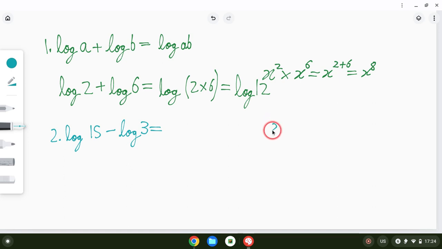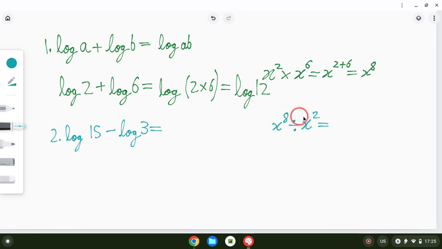So let's have x to the power 8 divided by x squared. What will this become? Well, you can see here this one will be equal to 8 minus 2. For the exponential form, if there was a value over here, that would definitely be divided.